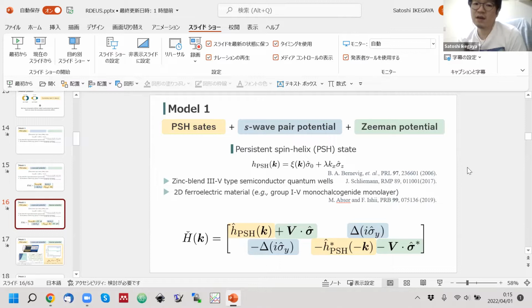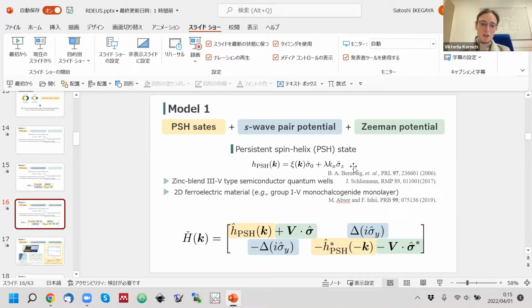Yes. Actually, in this case, we need to fine-tune the strength of the spin-orbit coupling potential. The III-V type semiconductors exhibit two different spin-orbit coupling potentials. The first one is the Dresselhaus one, and the second one is the Rashba one. If the amplitudes of them become equal, then we get this kind of tricky unidirectional spin-orbit coupling potential.